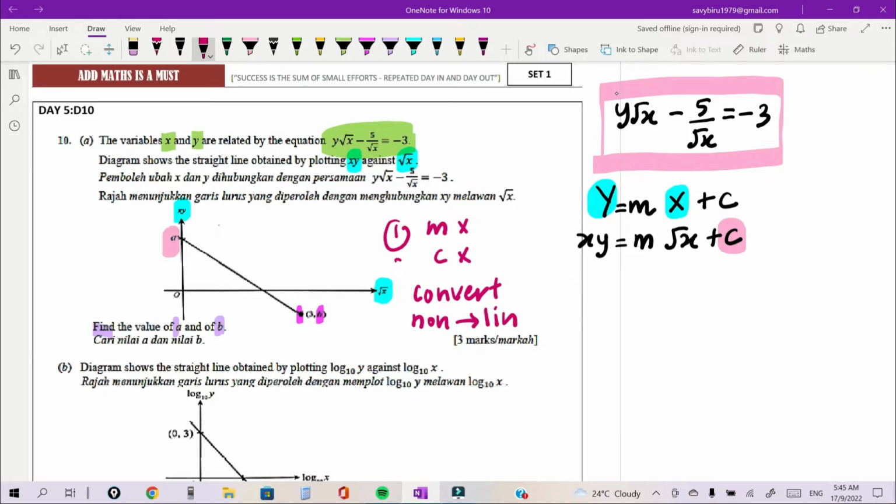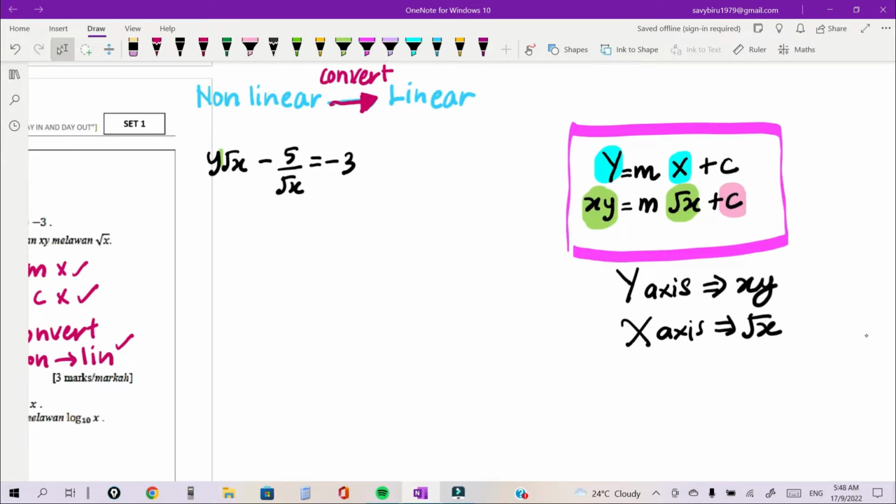So remember these three main steps. First, calculate the gradient, if you can. Second, determine the y-intercept. Third, convert non-linear to linear form. In this case, we have no choice except the third one, where we need to convert this non-linear equation to linear form.